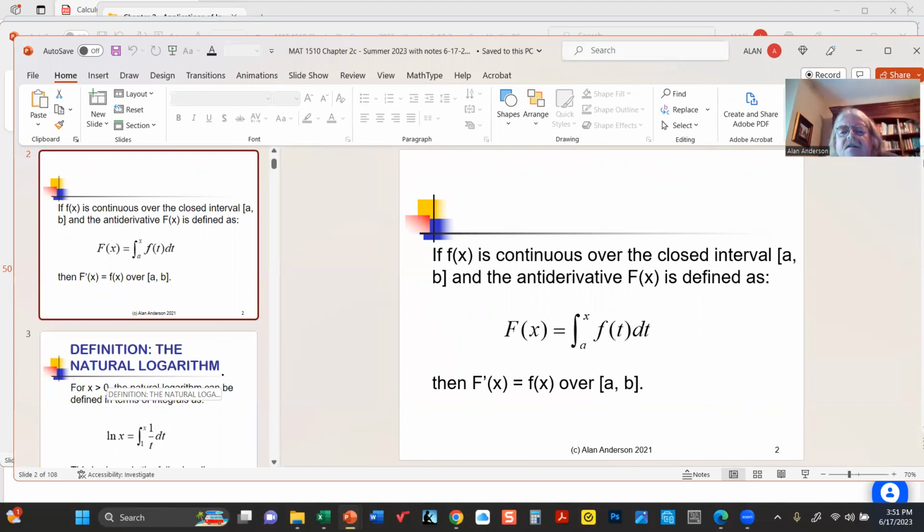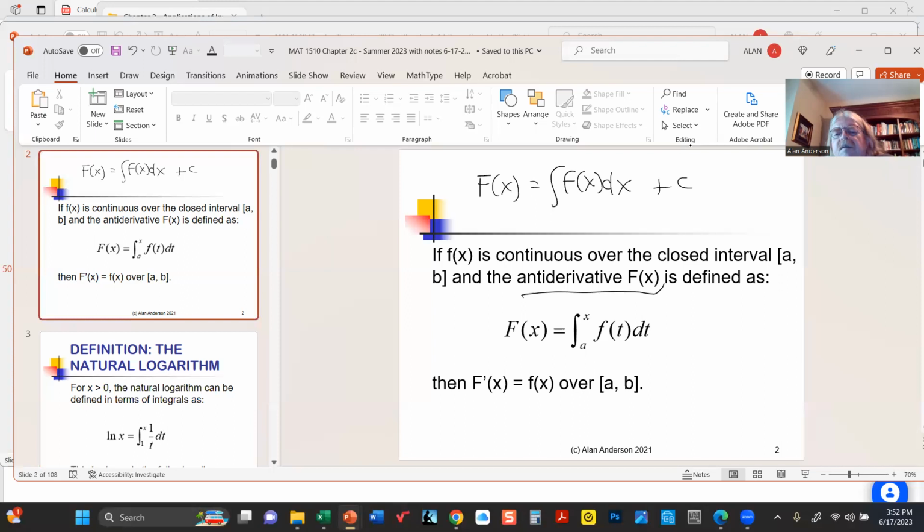Capital F of x is the integral. Just remember, when you see capital F of x, this is the integral of f of x. And of course, you'll meet the c. Sometimes it's called an antiderivative, because it's the reverse operation of taking a derivative.